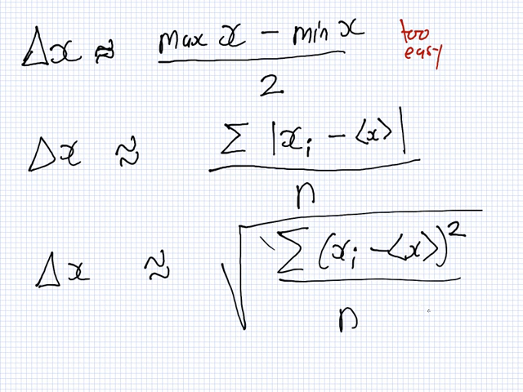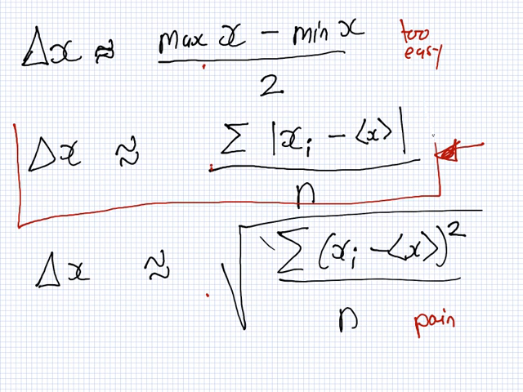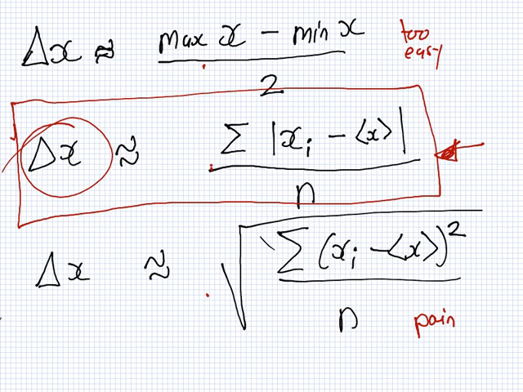And not that this one's too hard, but it's a bit of a pain. Yeah, this one here is nice. It's not too easy, it's not too hard, and it's very close to the most accurate one, and better than the least accurate one. So this is kind of a good balance between all the options you have. So this is the formula you should use to calculate the uncertainty.